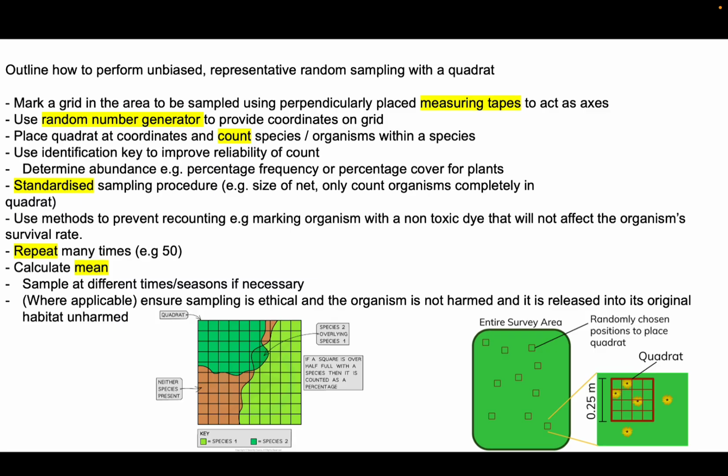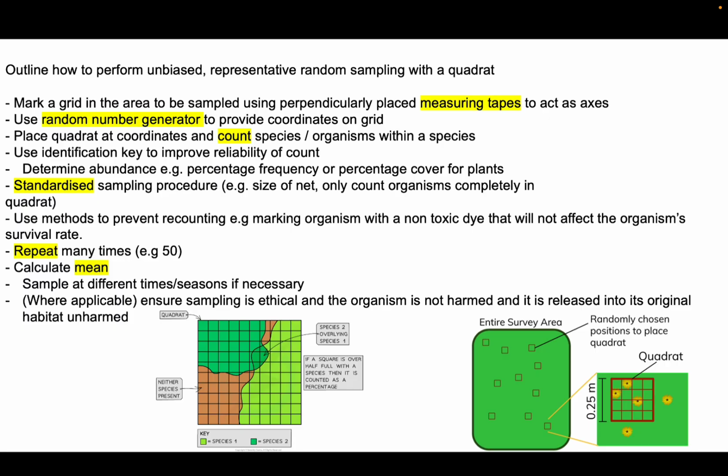Something that is very, very high yield and comes up nearly every year, in my opinion, is performing sampling. There's a list of points which should be in your notes, so that you can get full marks if you get these sampling questions in the 2026 exams.